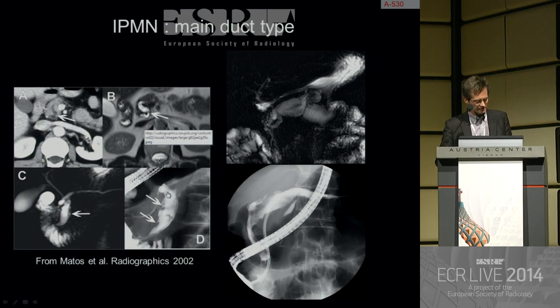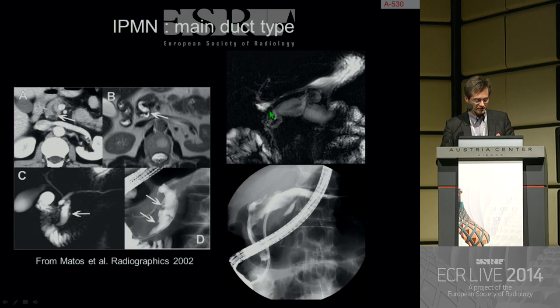You see that the ERCP and MRCP images are quite similar, although ERCP has the advantages of providing the diagnosis of the mucin content and also has the capability of addressing the mural nodules and performing a biopsy in the intraductal content.